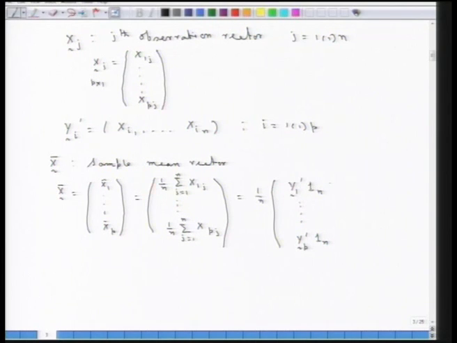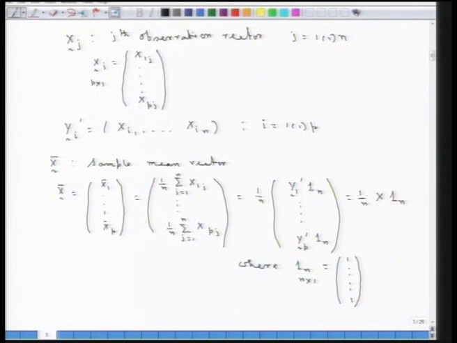We'll just complete this here, so that in terms of the random matrix what we have is 1 upon n X times 1n, where this 1n is an n by 1 column vector which has 1 as all its entries.